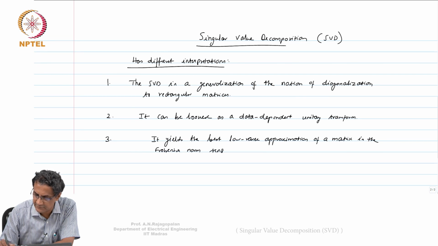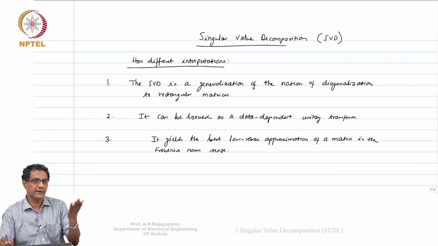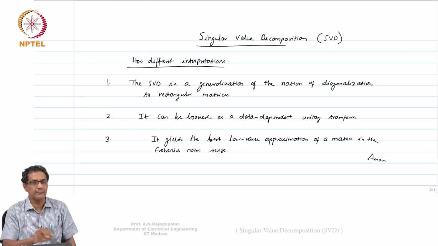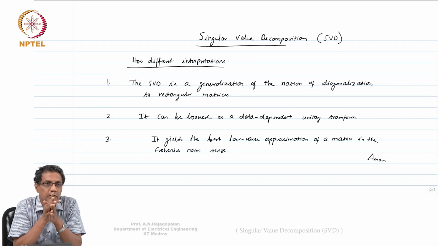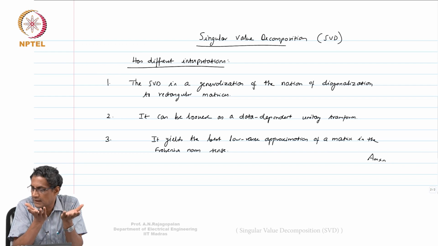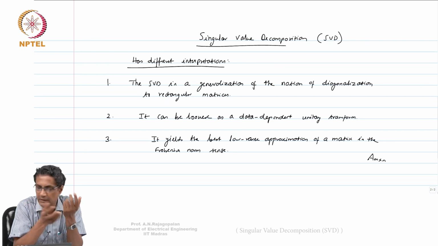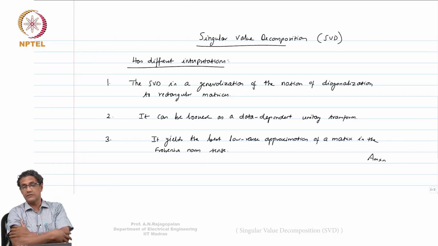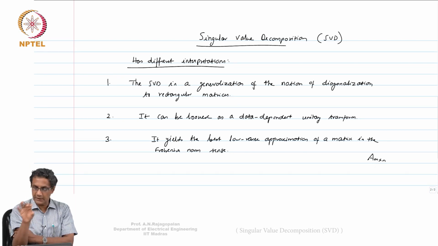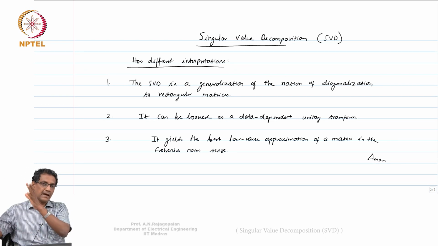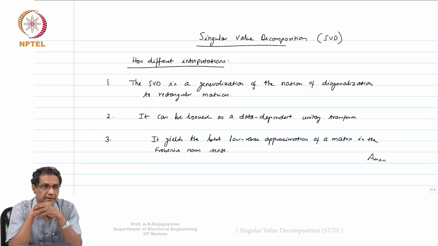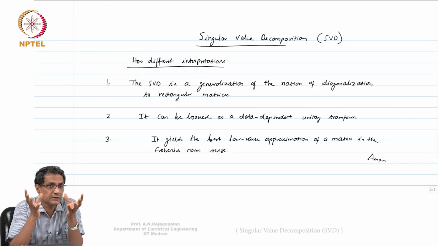So what this means is, if I give you a matrix A, m cross n, and suppose the rank is m, with m smaller than n. Then suppose I ask you for an A hat having a rank less than m, let's say m minus 1 or some other rank less than m. Which is the best approximation that you can get for this A, which has a lower rank and is closest to A in the Frobenius norm sense?